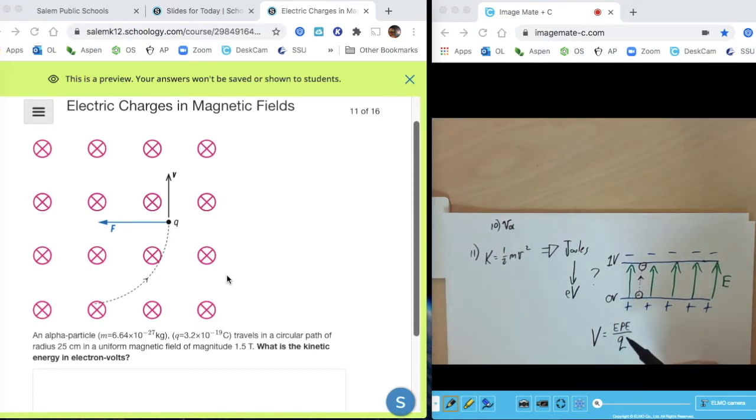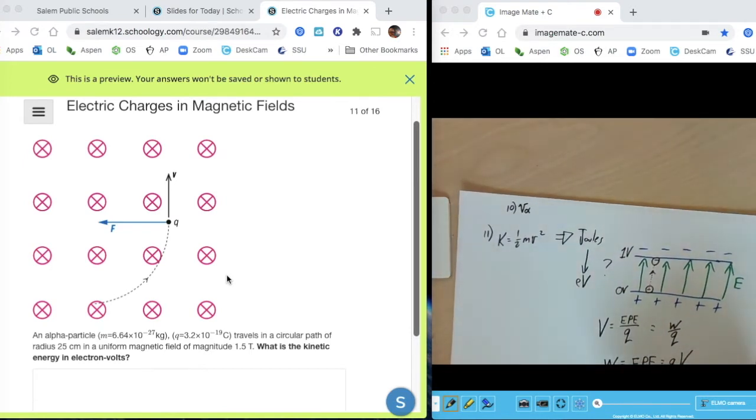And the change in something's EPE, or any energy, really, is equal to the work that's done on it. So we could write this as work done per charge. And therefore, the EPE, or the work, is V times Q. The work that I do on it is going to be equal to the energy that I give it, which is V times Q.